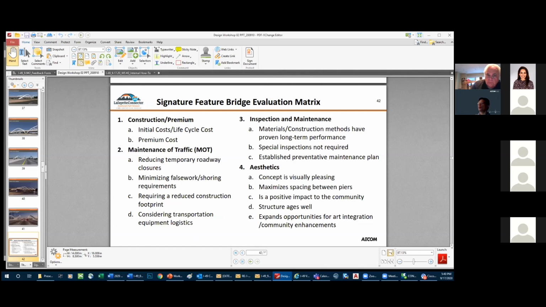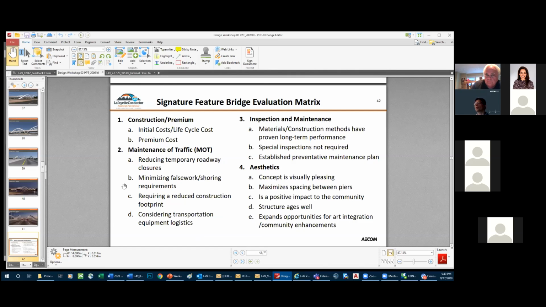So we set up the evaluation matrix based, of course, first and foremost, on cost, which is something that we all know we have to be mindful of. But I think a lot of folks had asked about construction of the viaduct in general, in relationship to maintenance of traffic, and how much of everyday life it would affect during the construction of one type versus another.